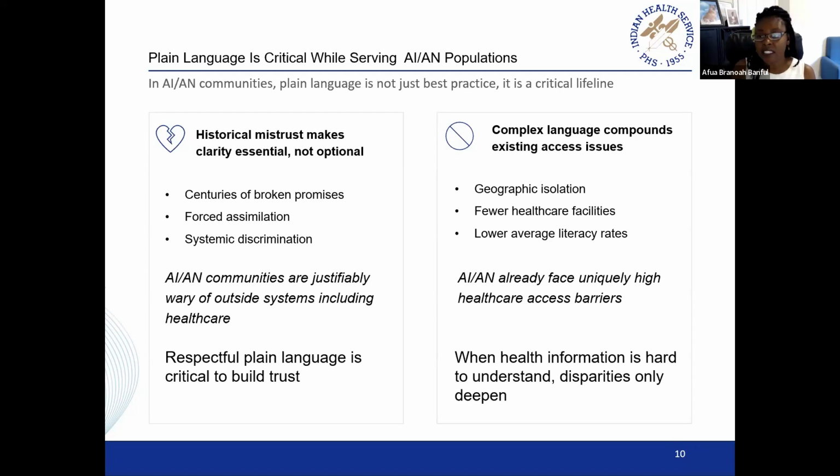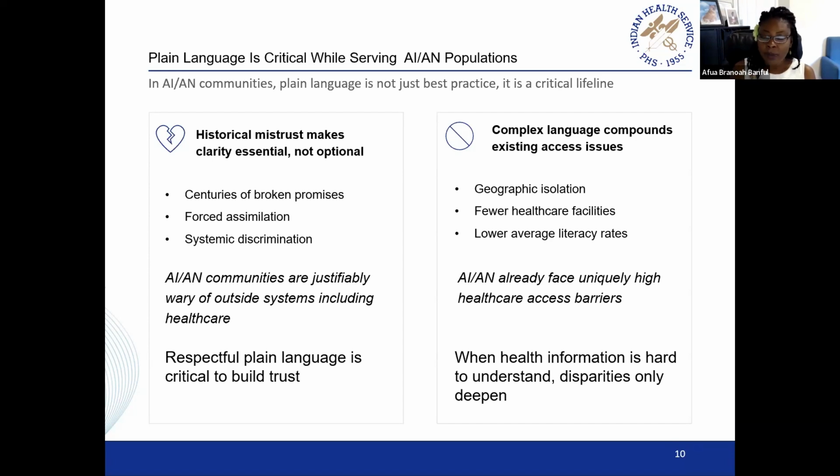The first, and these are just some, and I'd really love to hear your thoughts on these. Historical mistrust makes the fact that you speak clearly and not sound like you're trying to confuse someone even more important. It's not optional. People in the community are justifiably wary of systems because their evidence and their experience has been very negative.